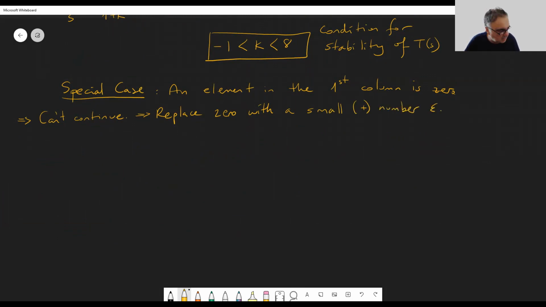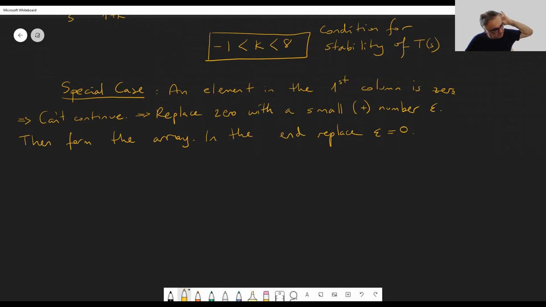Let's call it epsilon, okay? And finally, in the end, replace epsilon with 0. Put epsilon equals 0, and then see what happens.